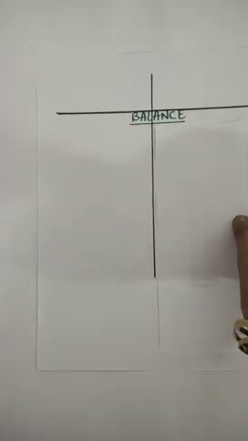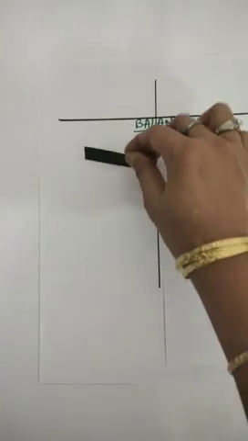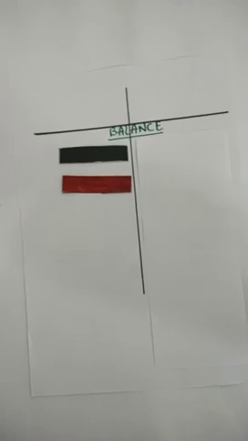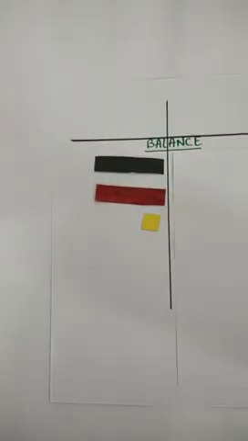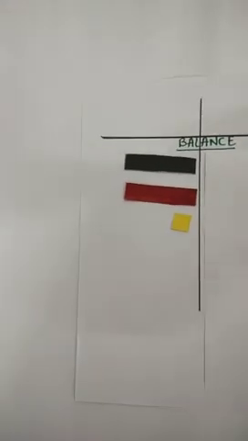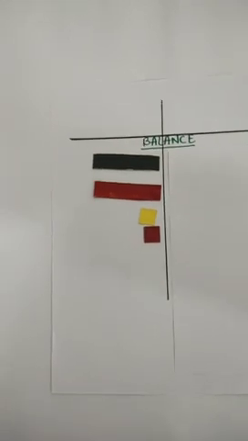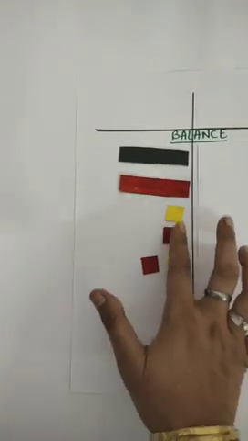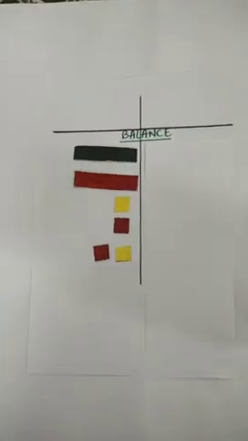Before actually solving the equation using algebraic tiles, we should know about the values of these algebraic tiles. I am putting here some tiles: green, red, one small yellow and one small red, and I am also putting one pair of red and yellow. So what are these values?